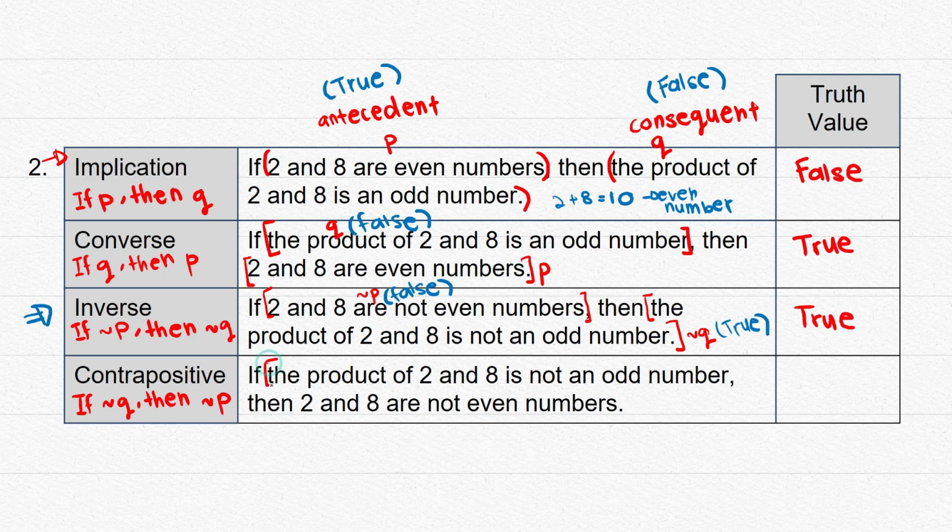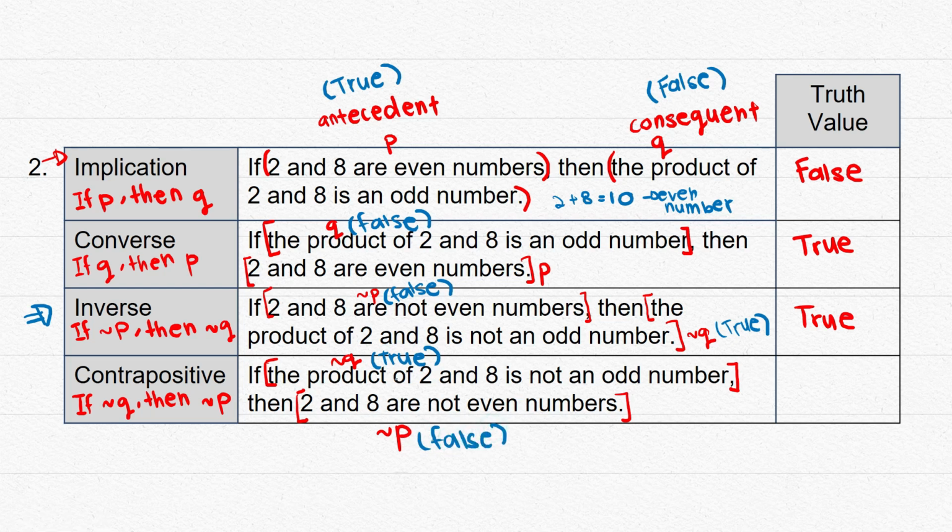The product of 2 and 8 is not an odd number: this is tilde Q. 2 and 8 are not even numbers: this is tilde P. We already determined tilde Q is true, and tilde P is false.